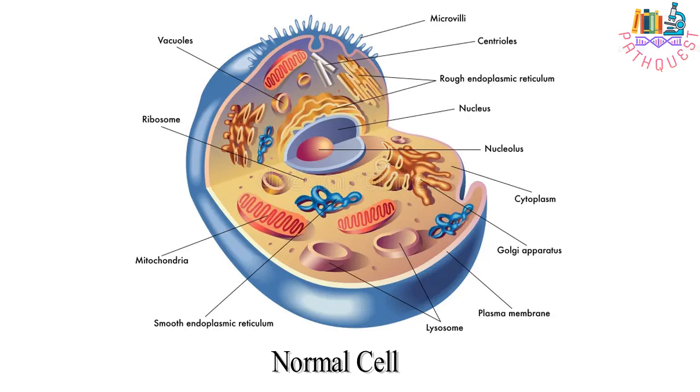The inner part is further divided into two parts, that is cytoplasm and the nucleus. The cytoplasm has various cell organelles. The cell organelles are nothing but the normal small organs of the cell which are responsible for different functions of the cell.